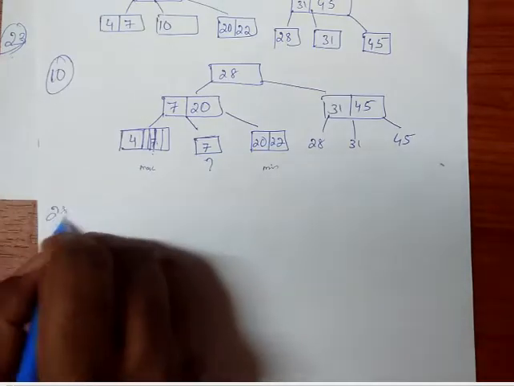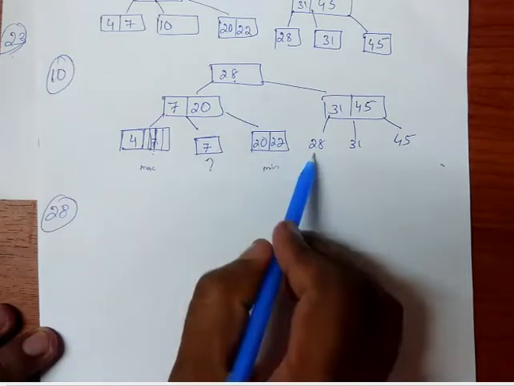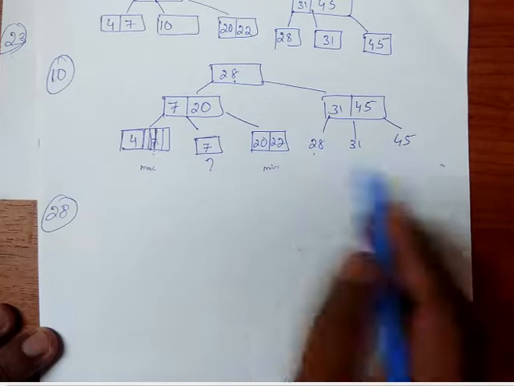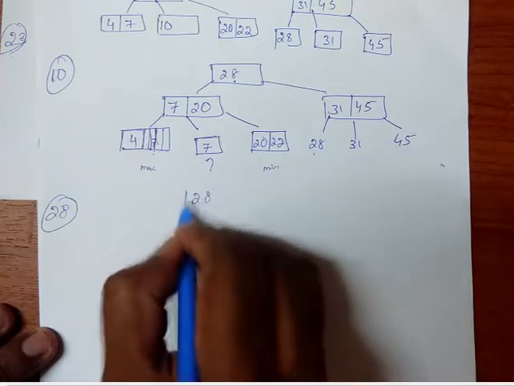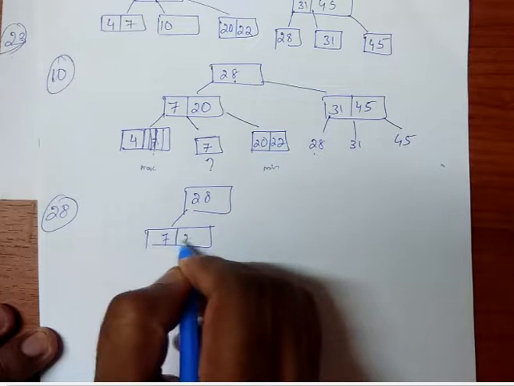Okay, next we can remove 28. 28 is the root of the tree, and also it is present in the data value. So firstly we need to remove it from the data nodes or the leaf nodes.